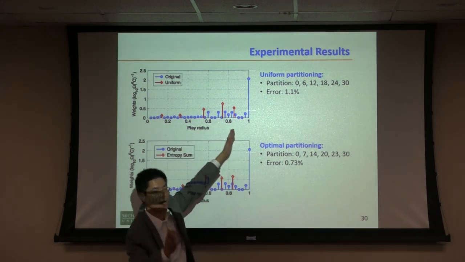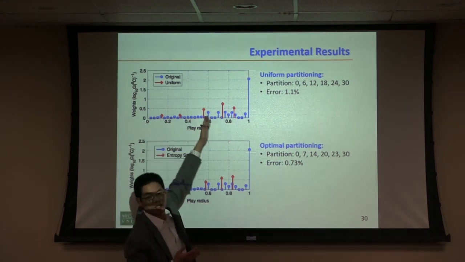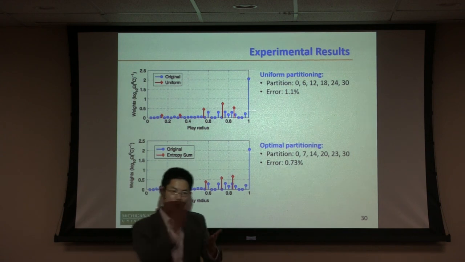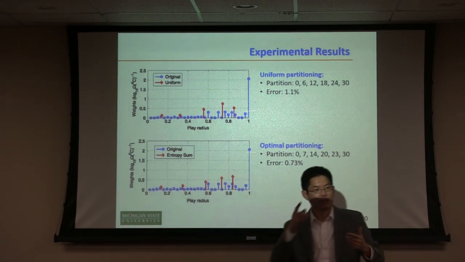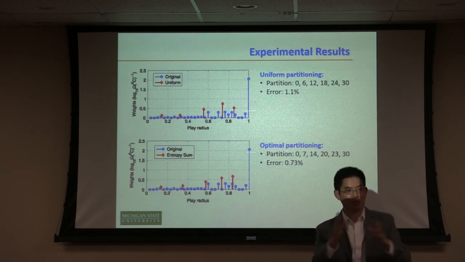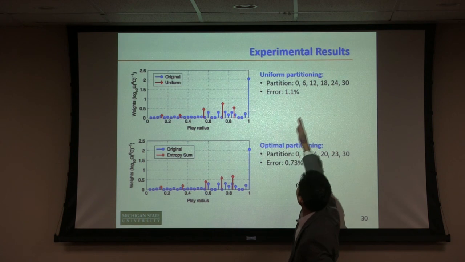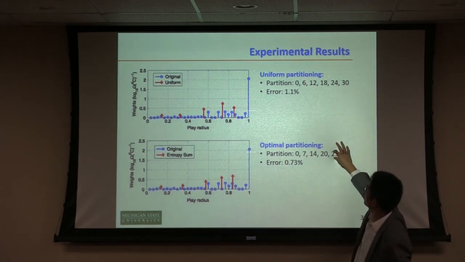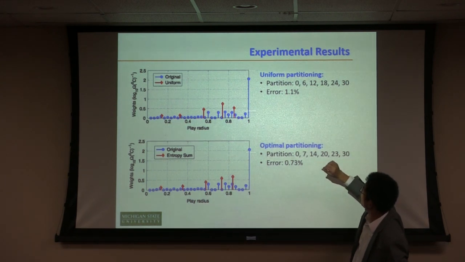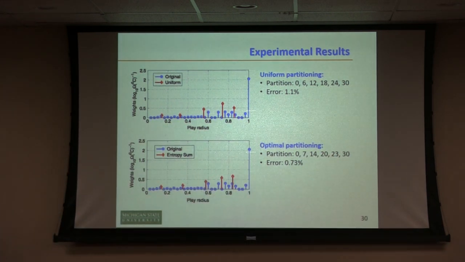Don't be confused about why the uniform partitioning doesn't produce uniformly spaced vectors, because we partitioned there, but then remember in every case the actual location of the representative is determined by the weights. So it's not exactly like that. But you see that the actual partition is different with the optimal method against the uniform method, and the error is also about 30% less in this case.